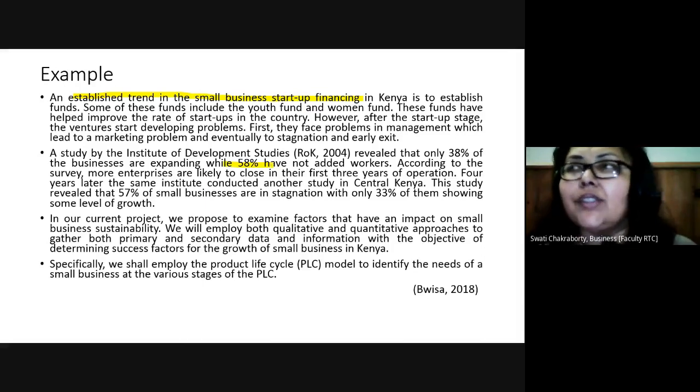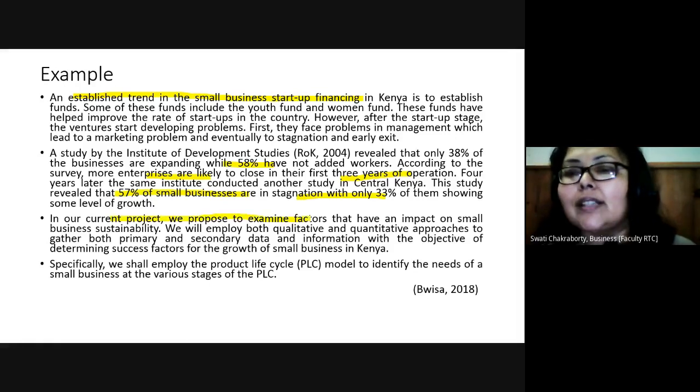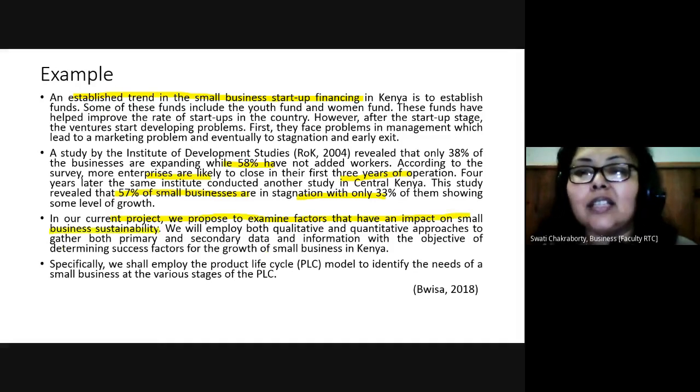So according to this survey, most enterprises are more likely to close down in the first 3 years of operation. 4 years later, the same study was done again in central Kenya. Okay, and what it showed was 57% of the small businesses are in stagnation, and only 33% of them showed some level of growth. So in our current project, we propose to examine the factors that have an impact on small business sustainability.